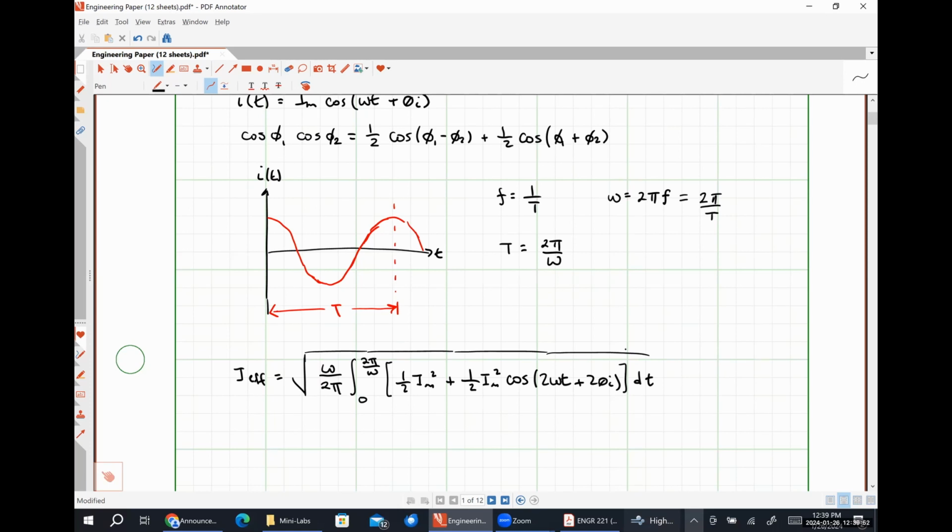So what should the integral of this part I'm underlining in orange come out to be? If I were to plot cosine of twice omega t on this same graph that I put cosine of omega t, it's going to look like effectively the same thing, except that it's going to go through its cycle twice as quickly.